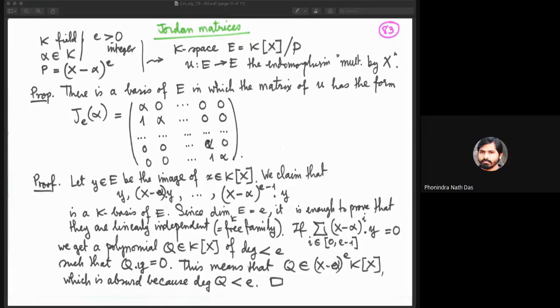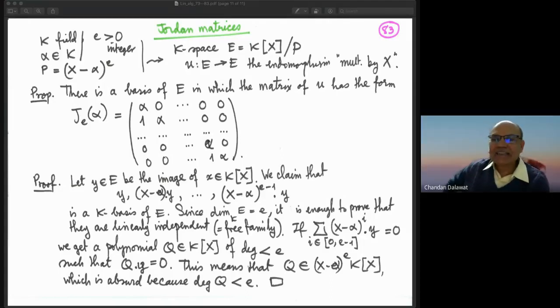Sir, can you suggest some reference book? Oh, well, this is such a standard subject that, well, many people read this book by somebody called Halmos. It's called Finite Dimensional Vector Spaces.